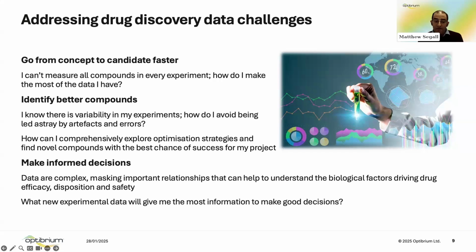But the data that we have are very complex and, as we've said, very noisy, and this can mask those important relationships that can help us to understand those factors. And also, we'd like to inform the decisions we're making in terms of the experiments to do. Given that we can't do every experiment on every compound, what new experimental data, if we generate it, will give us the most information with which to make good decisions about progression of compounds?